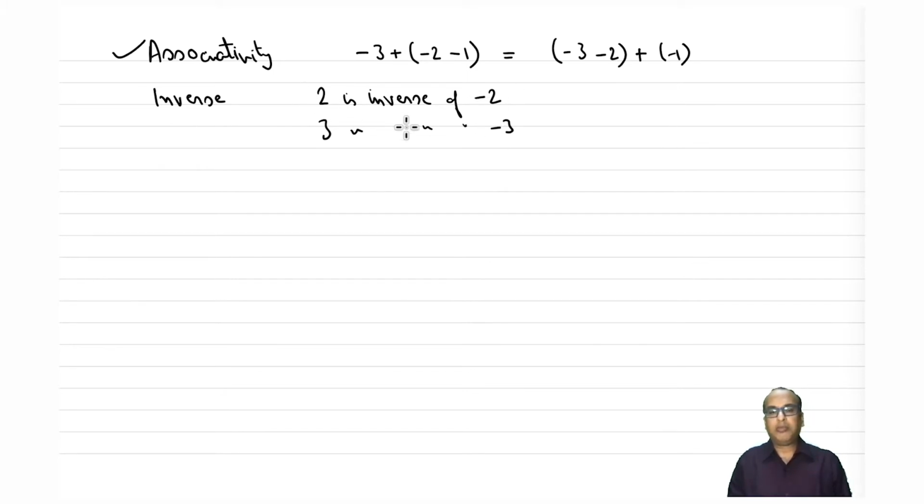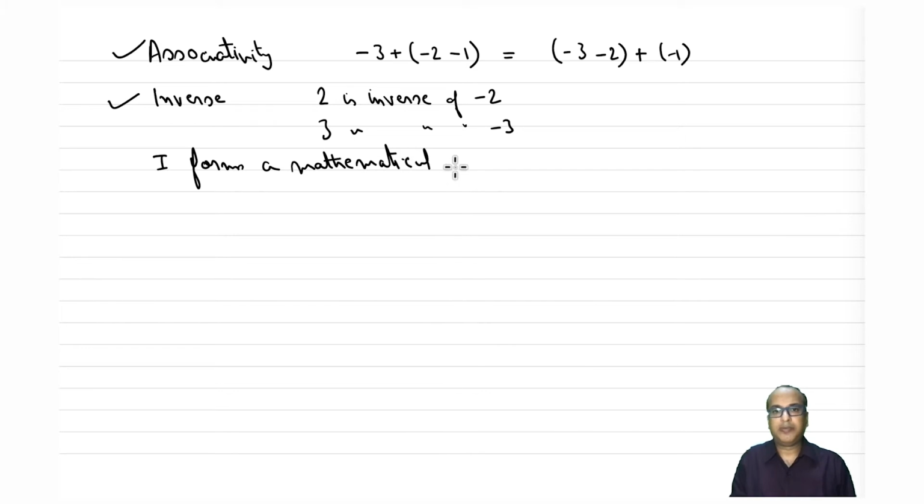So they are all part of the group. So inverse also applies. So that means I forms a mathematical group under addition.